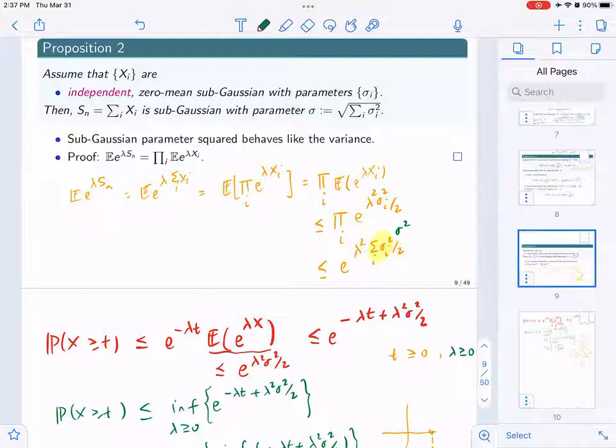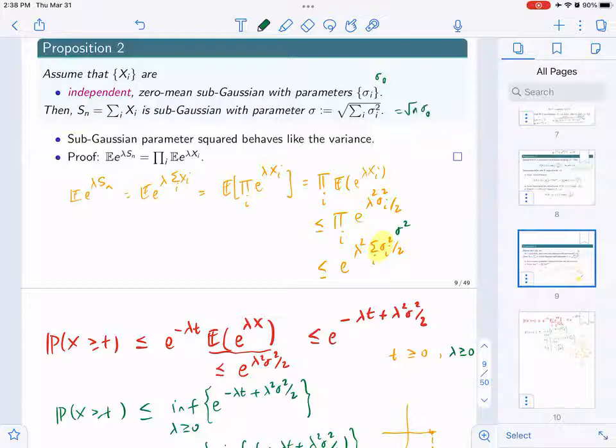So that's the main use of MGFs and the original idea of Chernoff. So the thing is, if all of them have subgaussian parameter sigma equals sigma 0, let's say, then this would be root n sigma 0.